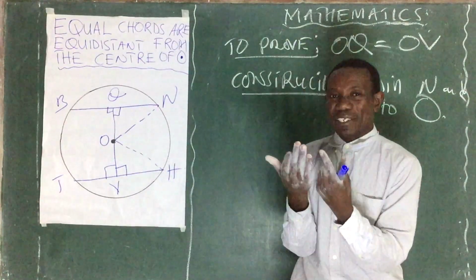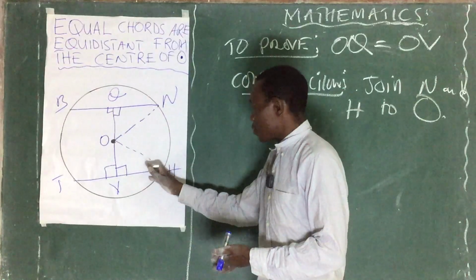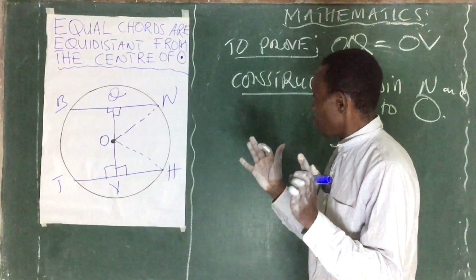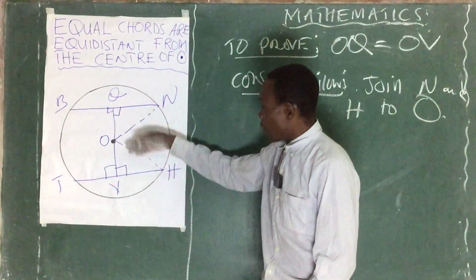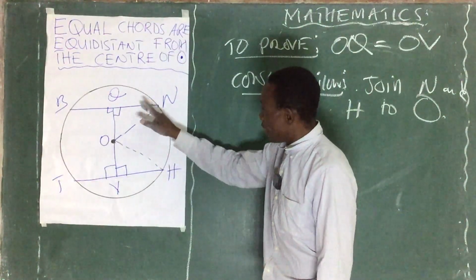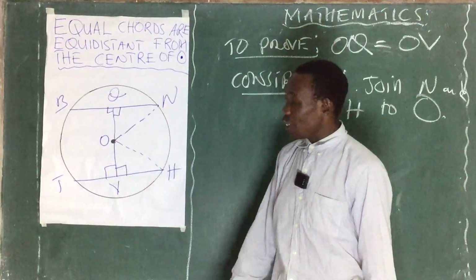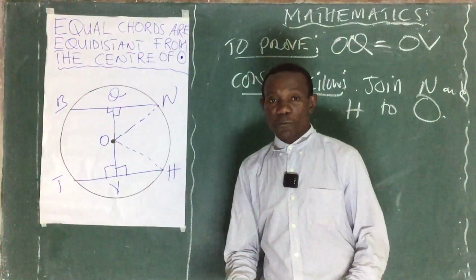The moment I have the triangles, I can prove that the two triangles are congruent.